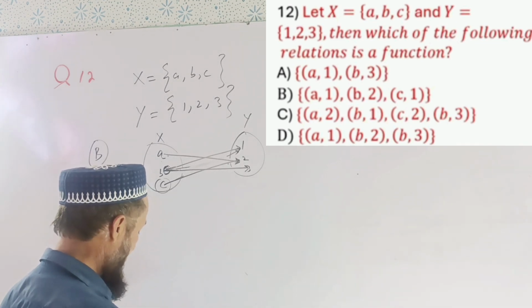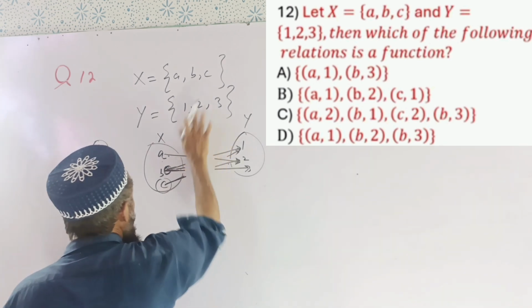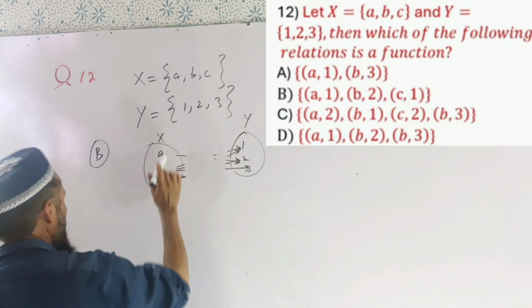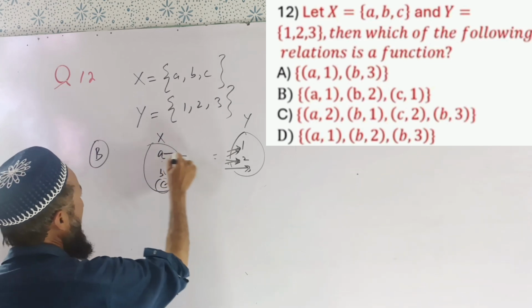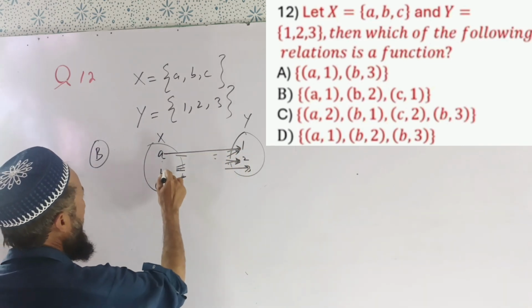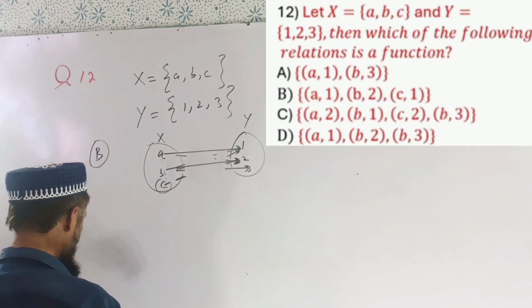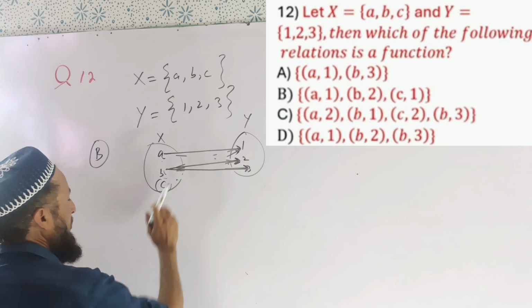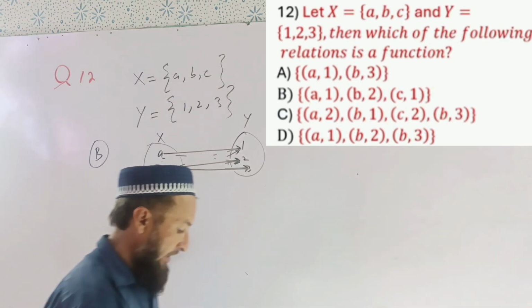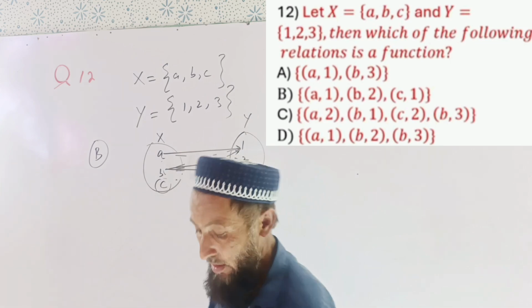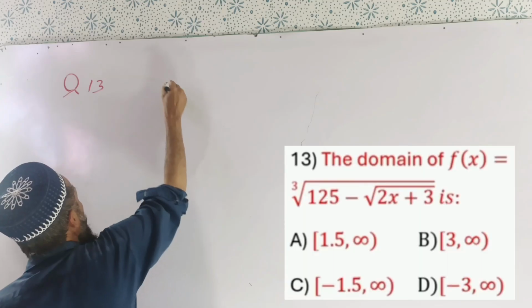And option D, A1, the image of A with 1 and B with 2 and B with 3. This is also one where C is missing, so option D is not correct. Option B is the correct option. And so this is a function.